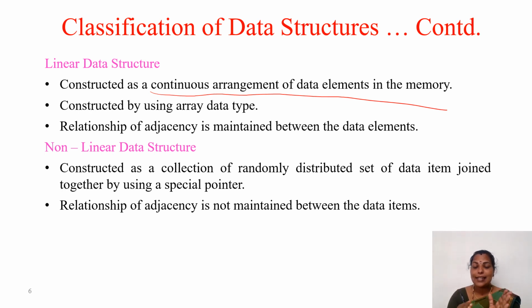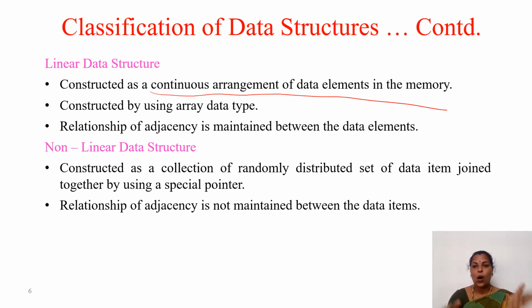So in that category only we go in for the linear data structure, and it is mainly constructed using the array data type. We all know the definition of array. It has homogeneous data elements. Homogeneous means all are of the same type.